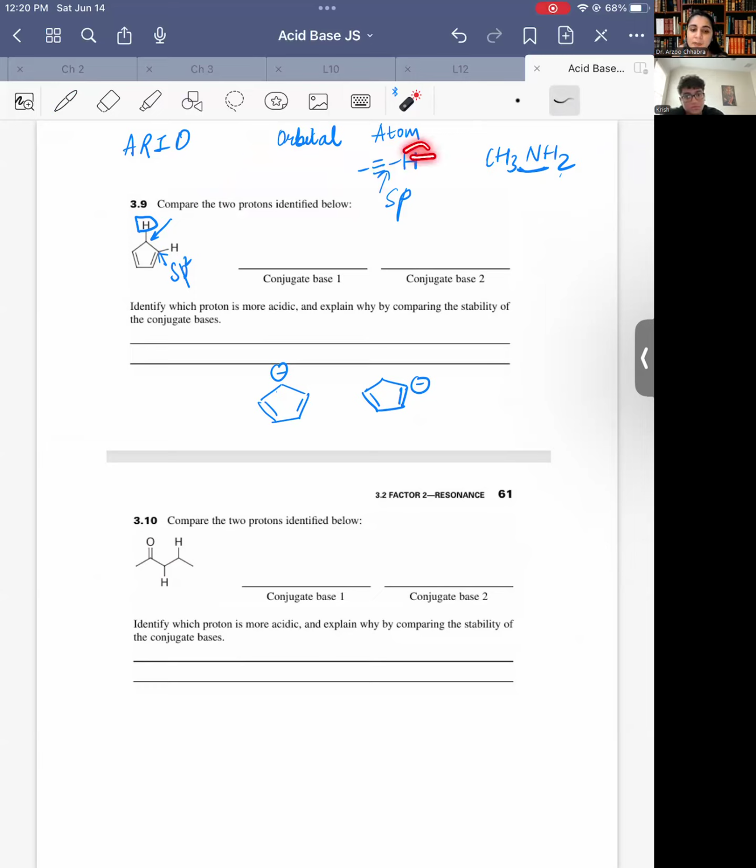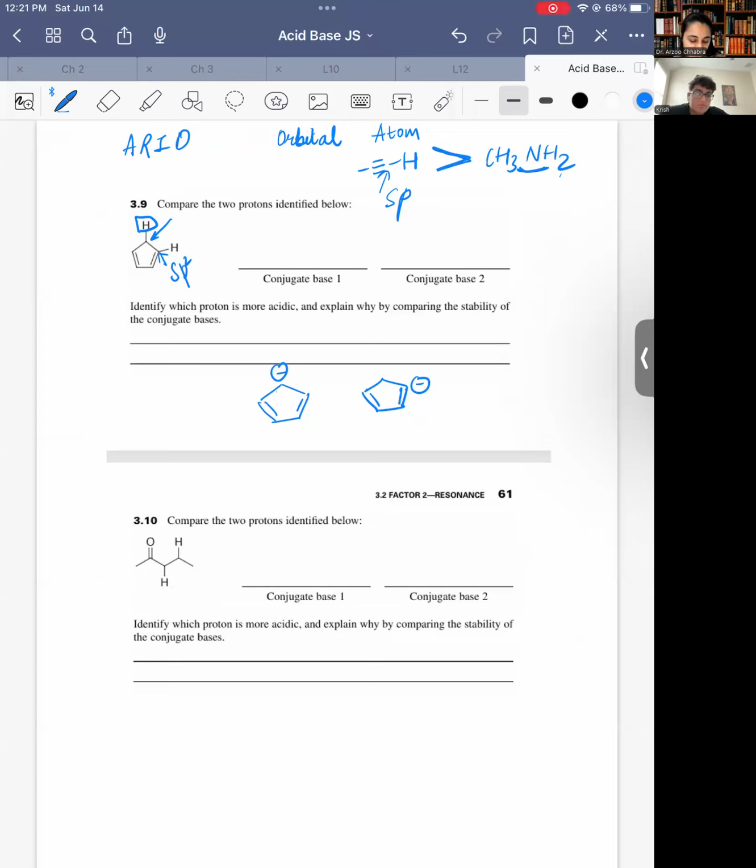The negative charge over here is more stabilized because it's closer to the nucleus. So it becomes more electronegative. That's the explanation for hybridized orbitals: they're more electronegative, so the electrons are closer towards the atom. So this is more electronegative, or acidic, is what I was saying.